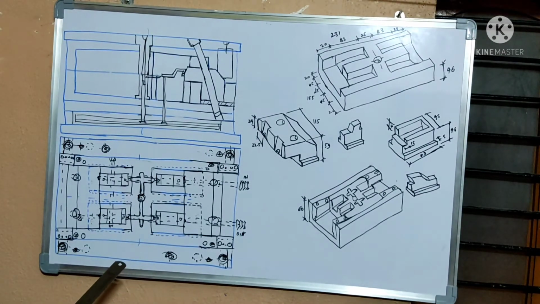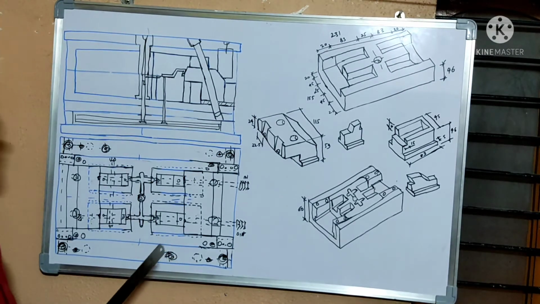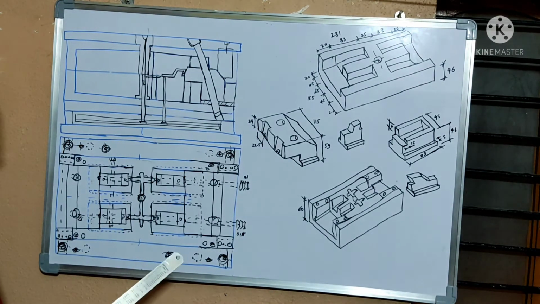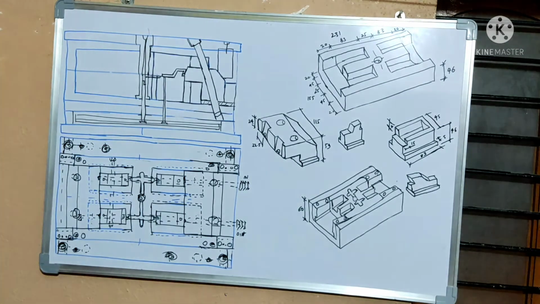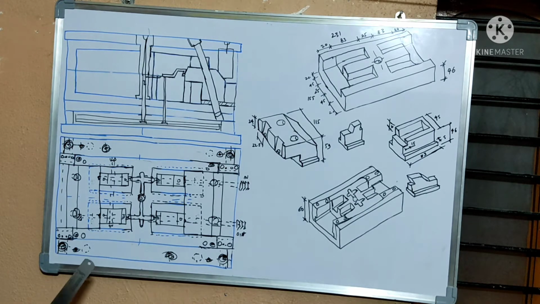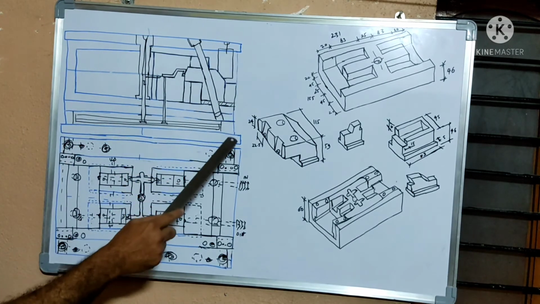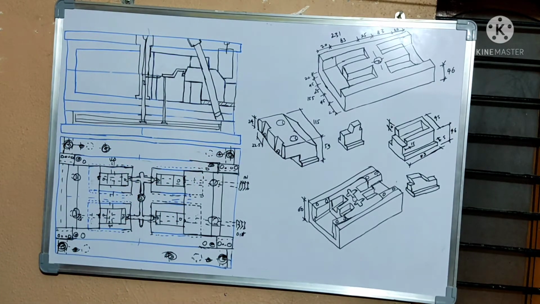You are observing this one. The component requires the side core. Here, first going through the top view of the mold tool, and with this the front view of the tool.